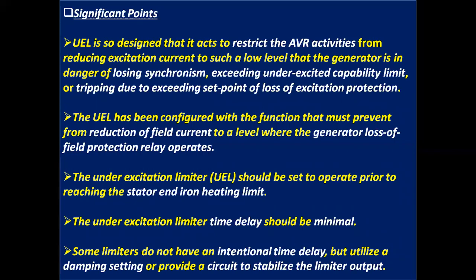Significant points to be noted for UEL. The under excitation limiter is so designed that it acts to restrict the AVR activities from reducing excitation current to such a low level that the generator is in danger of losing synchronism, exceeding underexcited capability limit, or tripping due to exceeding the set point of loss of excitation protection.